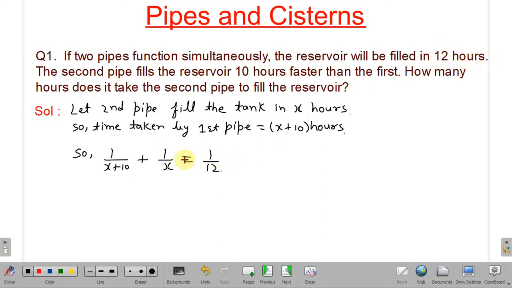Okay, so from this equation we have to find X. So we have to take the LCM: X plus X plus 10 divided by X into X plus 10 equals 1 by 12.